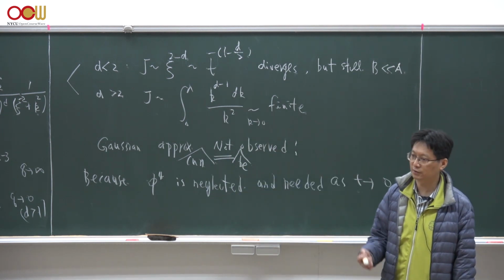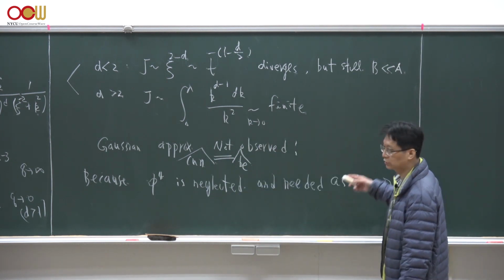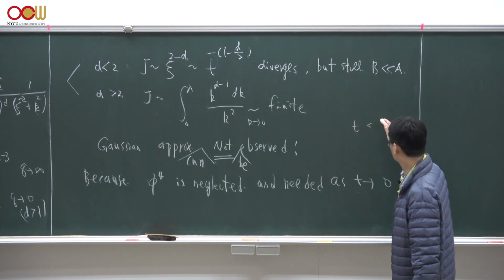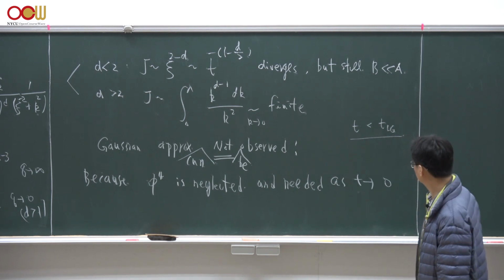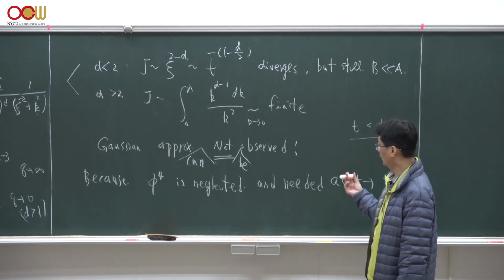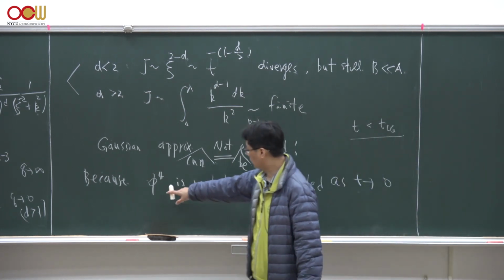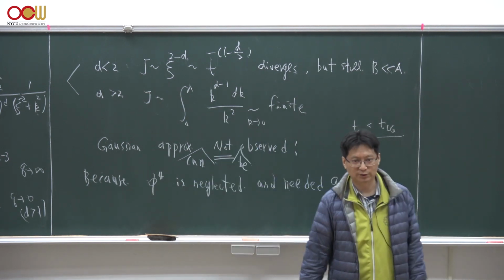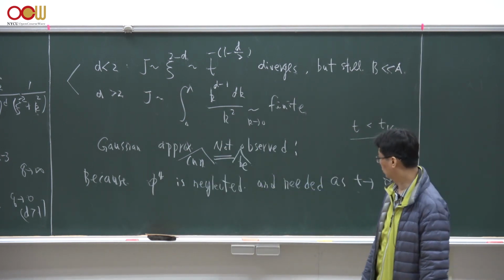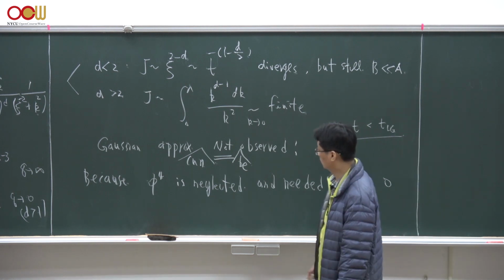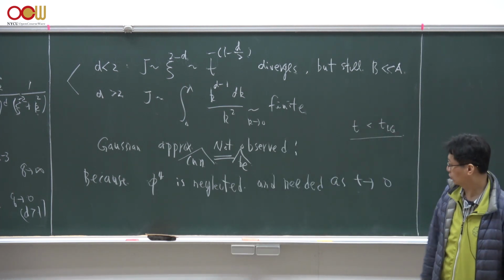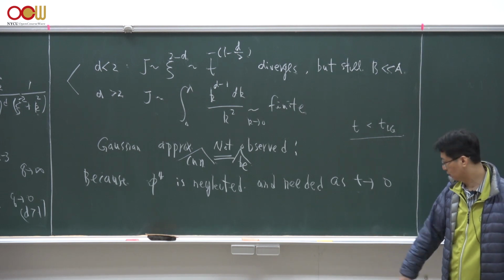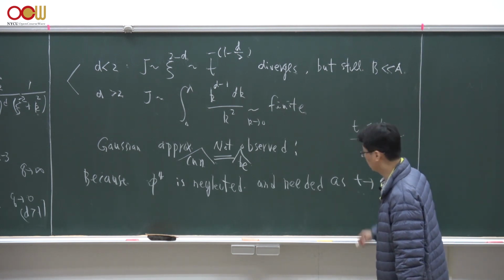Remember this Ginzburg criterion is reached when this little t is within the range of this Ginzburg criterion, or t_LG. So within this little range, this quartic term phi to the power 4 is needed. We need this quartic term to correct this Gaussian approximation, but the Gaussian approximation by definition neglects such a quartic term, which is needed when we really reach the transition temperature.